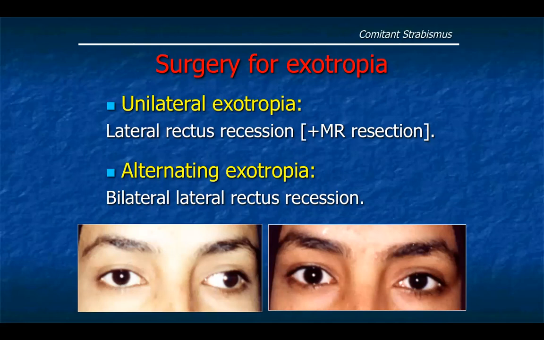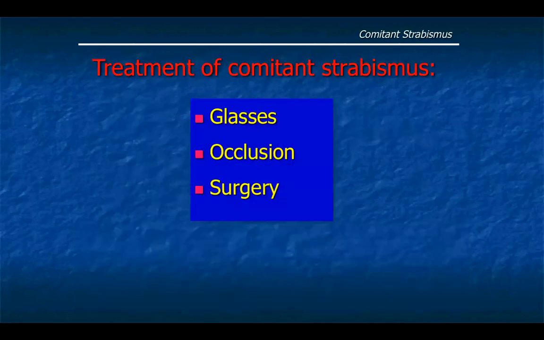For alternating exotropia, the classic treatment is bilateral lateral rectus recession, where we weaken the lateral rectus in each eye to straighten the eyes. So treatment of comitant strabismus is first by glasses and occlusion if there is amblyopia, and if these fail, surgery is indicated.